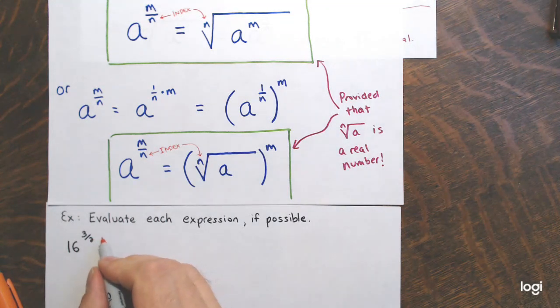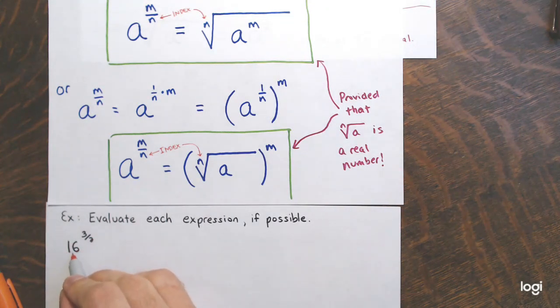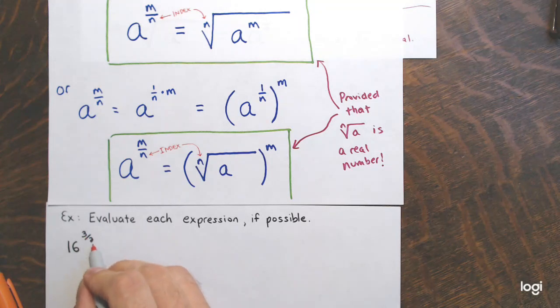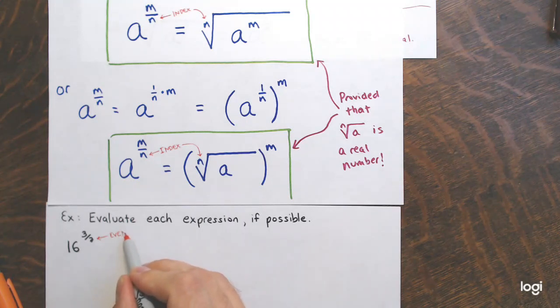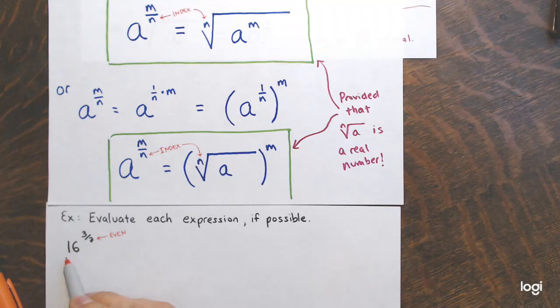So notice here, I have 16 for the base on this power of 3/2. Look at the denominator. The denominator is an even number, and the base on this power is 16.